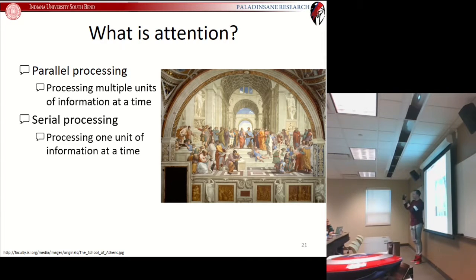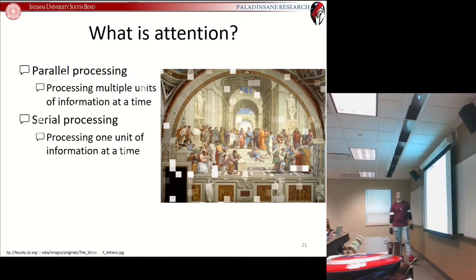So parallel processing can take multiple units of info. Serial processing can take one unit of info. Whatever a unit of info is defined as differs from task to task, but you can think of it as one chunk of information. A serial processor has to process each chunk one at a time. A parallel processor can do multiple chunks all at once.